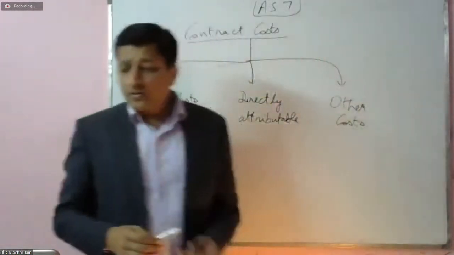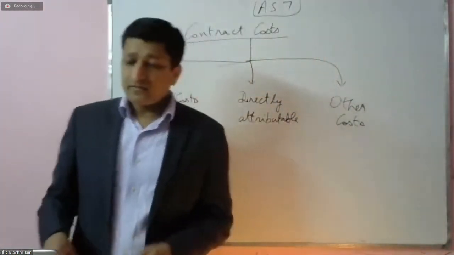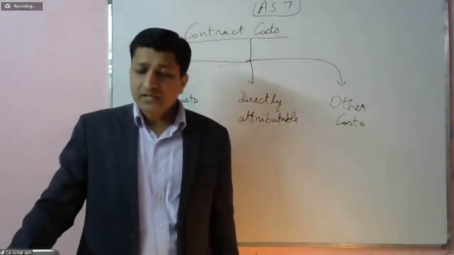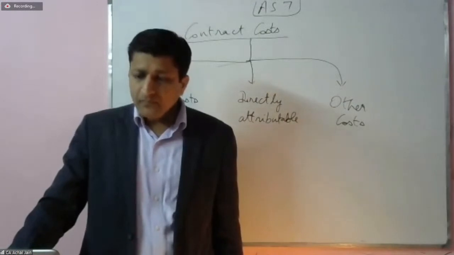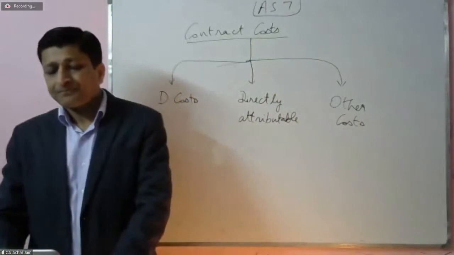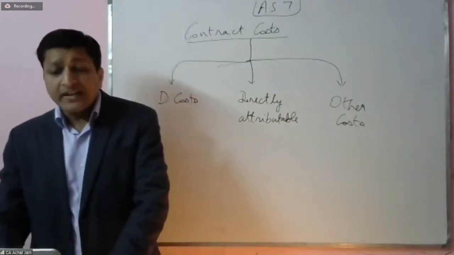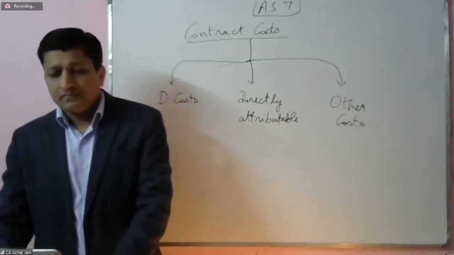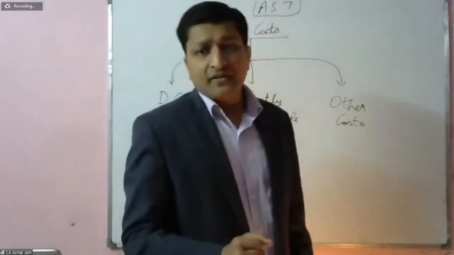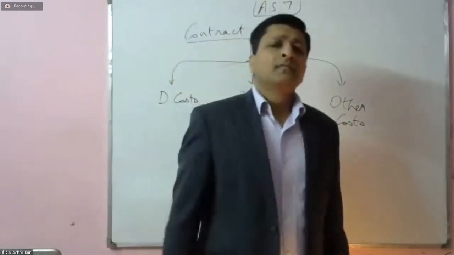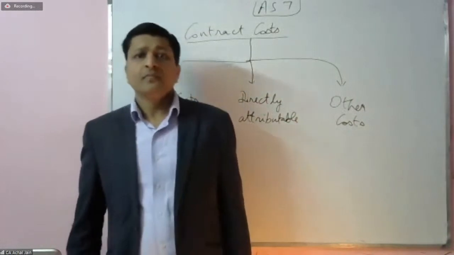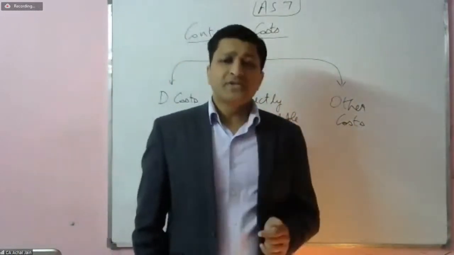Now let's try to understand various types of contract costs with the help of some examples. Material is the cost. Then if you look at the labor, if you look at the consultant, if you look at the machinery which is used for the construction work, then the depreciation on that machinery.